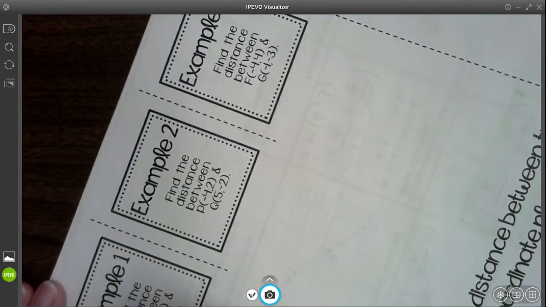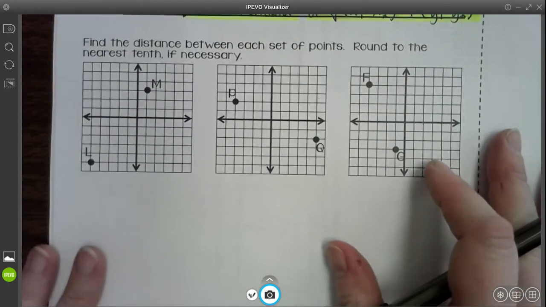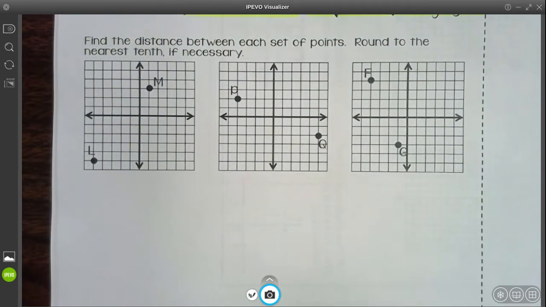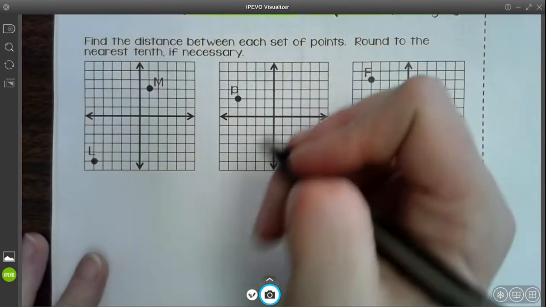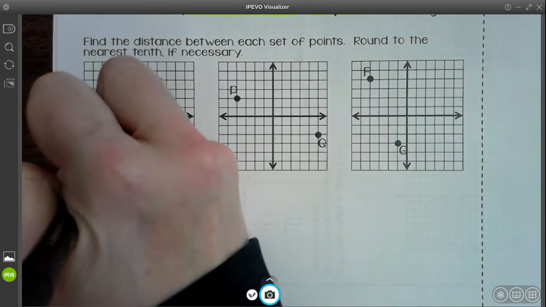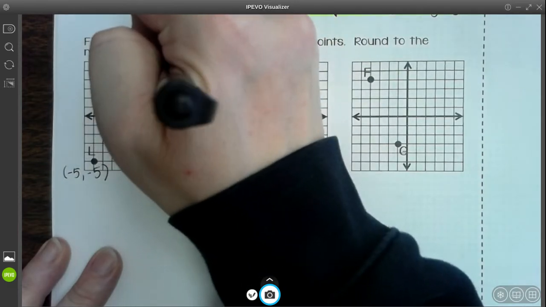So you might want to even just cross that out. All right. So here we do need the coordinates though, and the coordinates of L was -5, -5, and then M was at 1, 3.